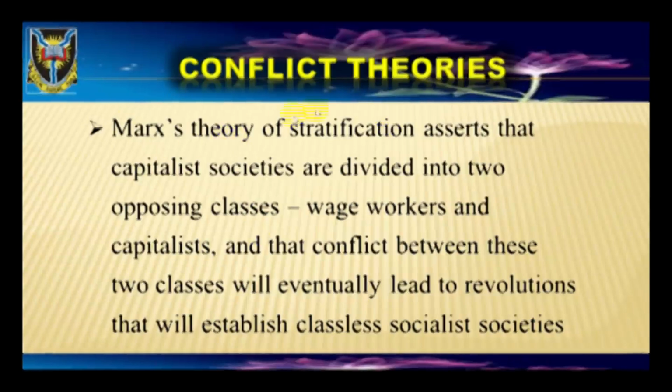Conflict theories. Marx's theory of stratification asserts that capitalist societies are divided into two opposing classes, wage workers and capitalists, and that conflict between these two classes will eventually lead to revolutions that will establish classless socialist societies.